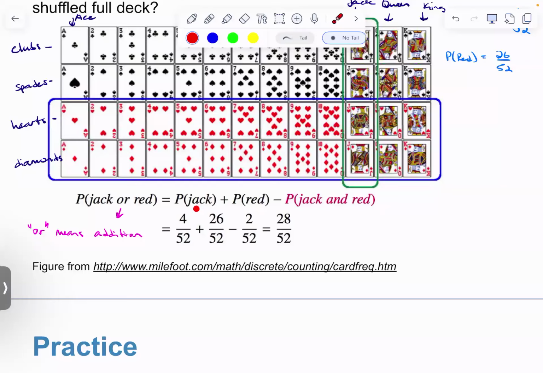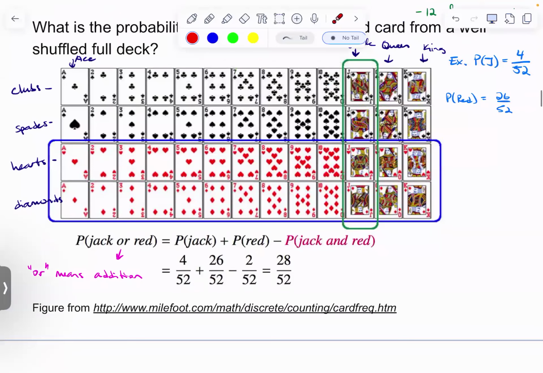But if we just take the probability of a jack, that's this green section, plus the probability of a red, we're double counting the red jacks, right? And so really what we want to do is subtract the overlap. The probability of a jack and red is 2 in 52. There are 2 red jacks in a deck of cards.